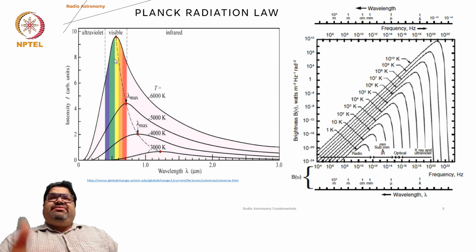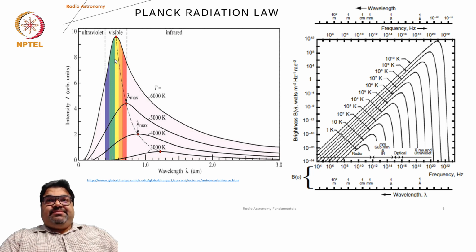That gives you an understanding that the wavelength at which this spectrum peaks and the temperature have an inverse relationship. As temperature increases, the wavelength at which the spectrum peaks decreases.